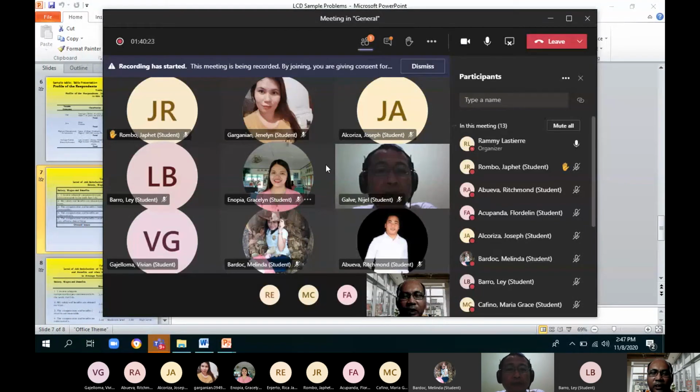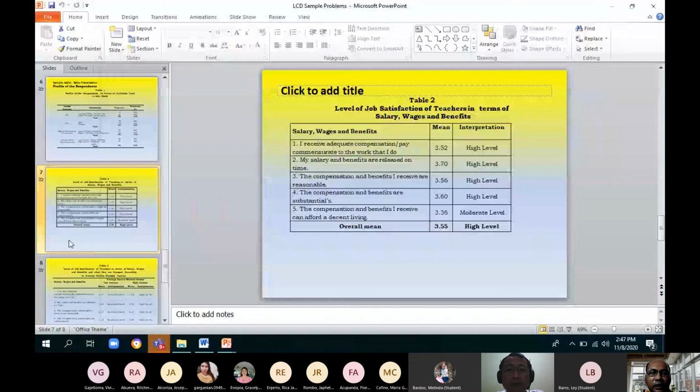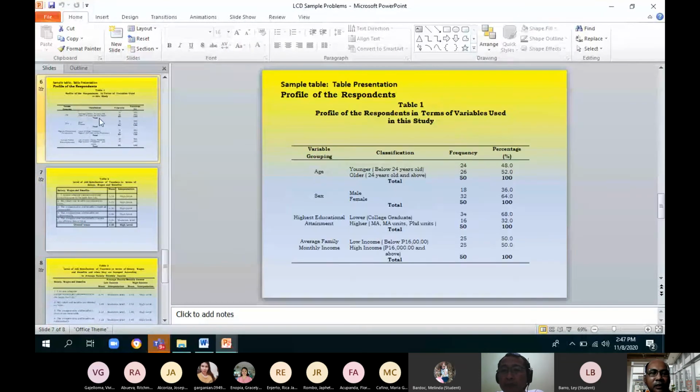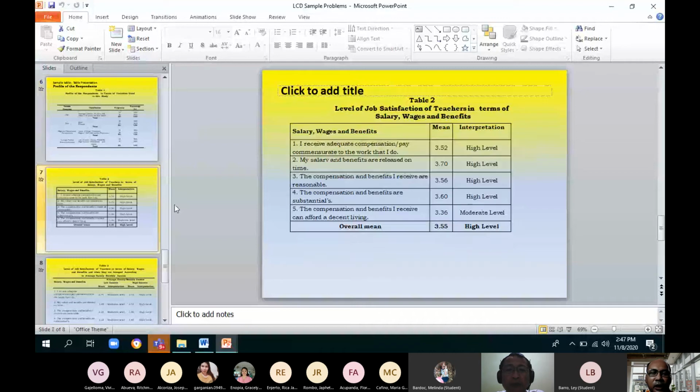Some more concern before we proceed to the next? Ito mag-present ng profile of the respondents. Ito naman mag-present ng table for your problem number 2 about your areas. Then, for the profile, now according to the aforementioned variables, ito naman ang table.